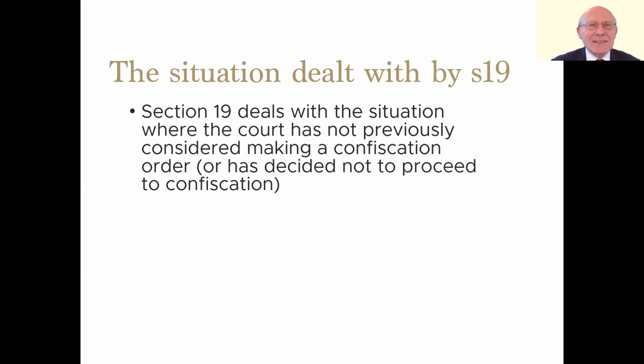So how does that differ from the situation dealt with by section 19? Well, section 19 deals with the situation where the court has not previously considered making a confiscation order, or has considered it and decided not to proceed to confiscation.